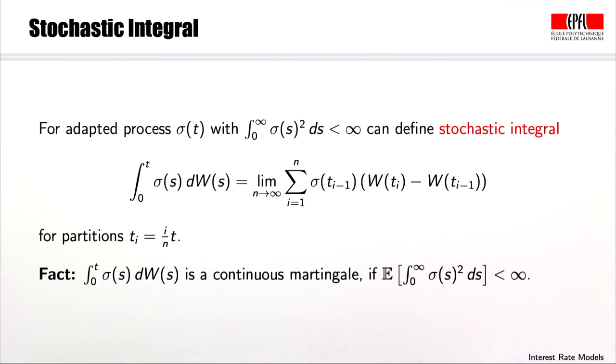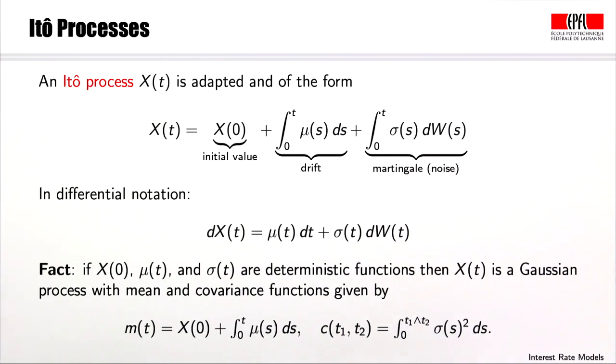The stochastic integral will be the model for the risky part of the return of an asset. An Ito process xt is an adapted process of the following form. It can be decomposed into an initial value plus a drift term plus a martingale term, which is a stochastic integral.